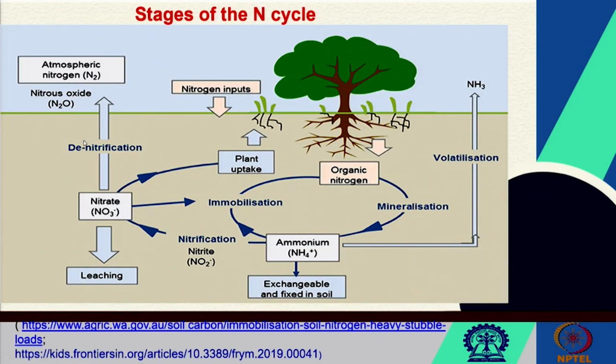So, if we see the details of soil nitrogen cycle, we have already discussed important processes. For example, there are different types of nitrogen inputs like fertilizers as well as atmospheric deposition.